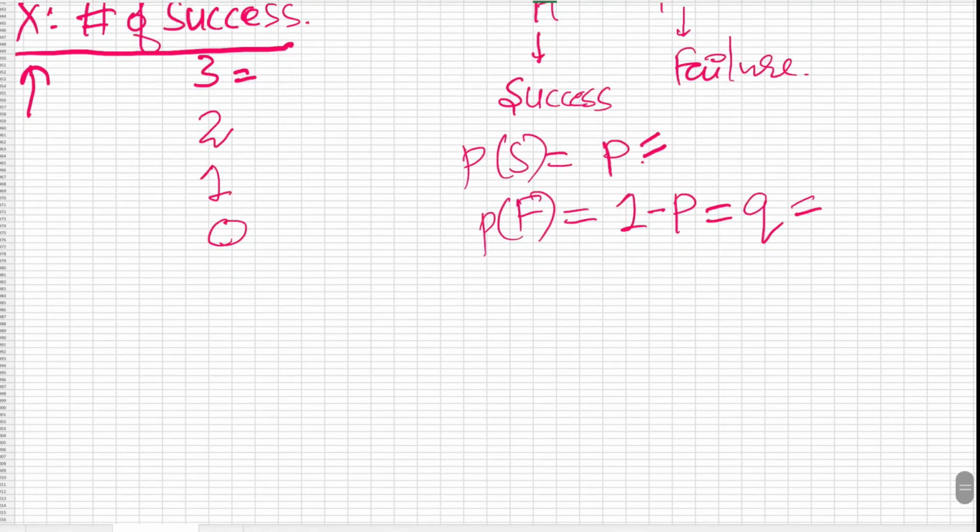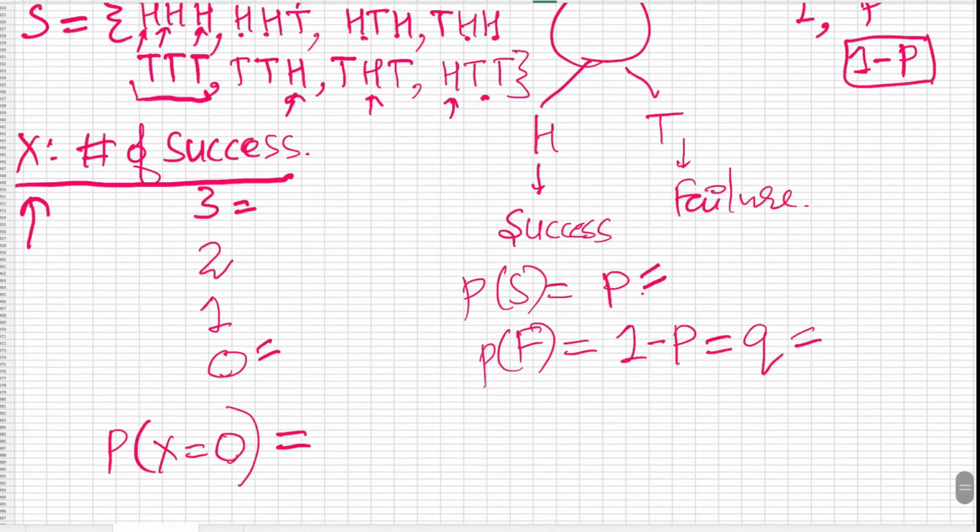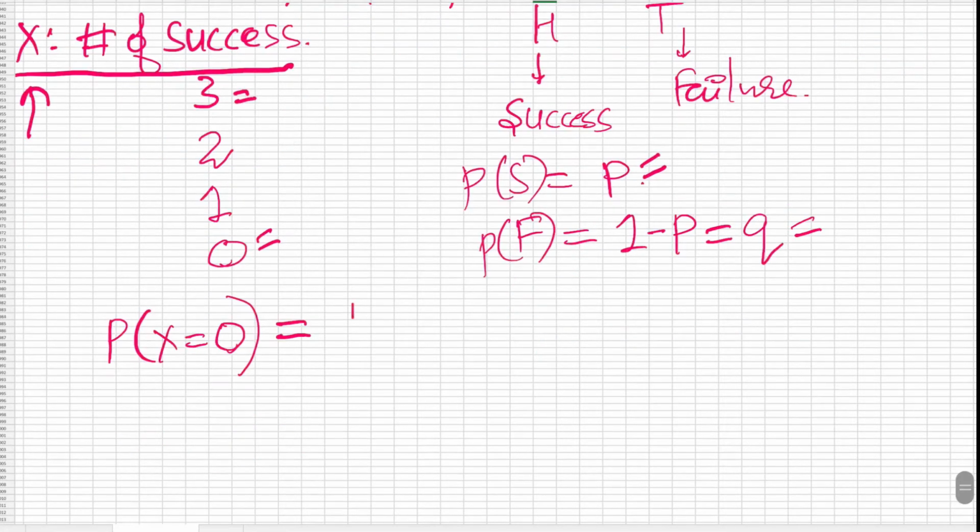So we have P of X equals 0. What is the outcome favorable to this specific condition? It is tail 3 times. We are not getting any success, meaning we are not getting any head. We want to find the probability of tail. How do we get it?